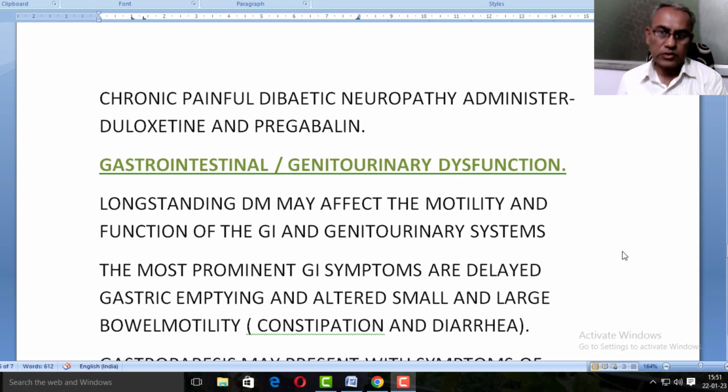Next, gastrointestinal or genitourinary dysfunction. Long-standing DM may affect the motility and function of the gastrointestinal system and genitourinary system. The most prominent GI symptoms are delayed gastric emptying and altered small and large bowel motility, that is constipation alternating with diarrhea.